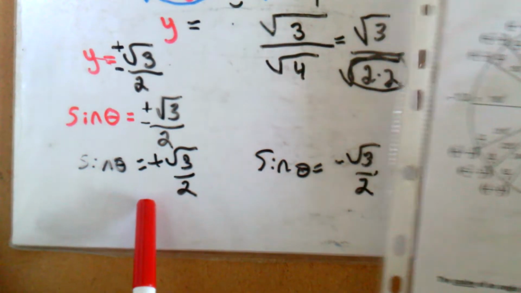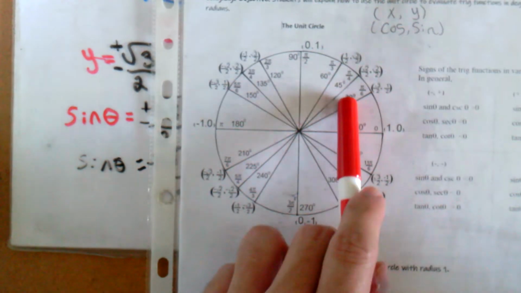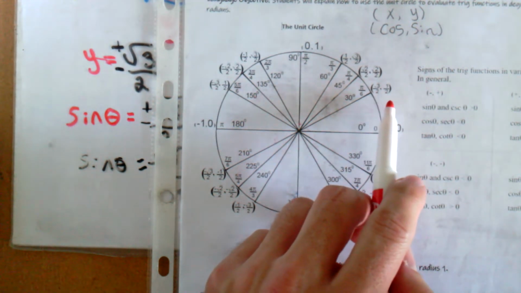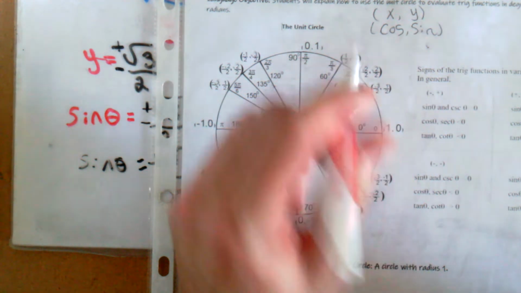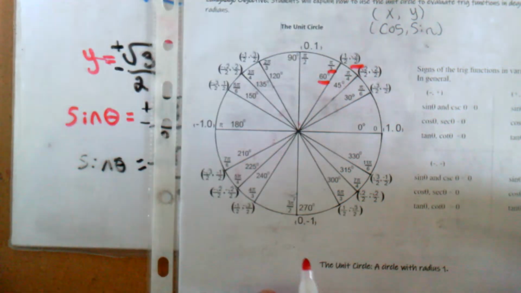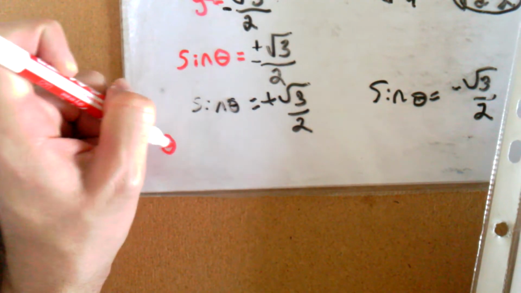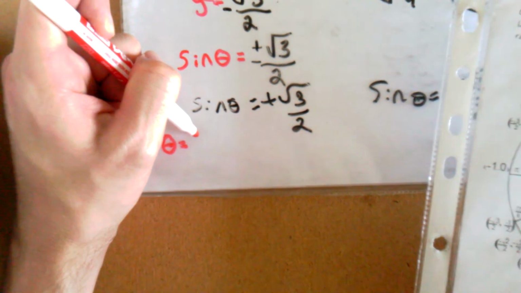So like we were saying, let's do the first case first. Positive square root of 3 over 2. Sine is positive in quadrants 1 and 2. So let's see where sine is square root of 3 over 2, or our y-coordinate is square root of 3 over 2. Looks like right here, we have square root of 3 over 2 for sine. So one of our angles for theta can be 60 degrees or pi over 3 radians, same thing.